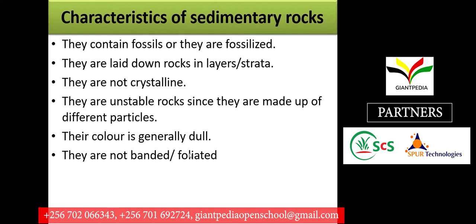Then we shall see more about the foliated rocks. Someone is asking about what foliated rocks are. Those are lines on the rocks, which we shall see clearly when we deal with the metamorphic rocks. Metamorphic rocks are the ones which are banded or foliated. We shall see what is meant by foliated rocks.